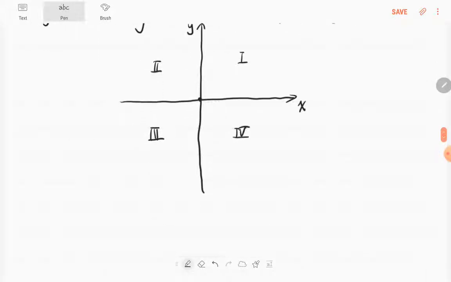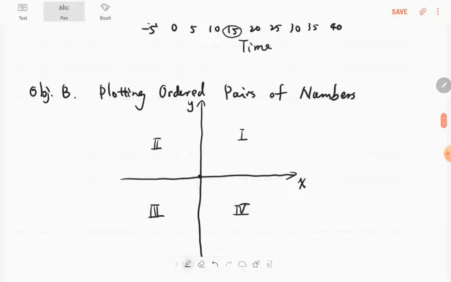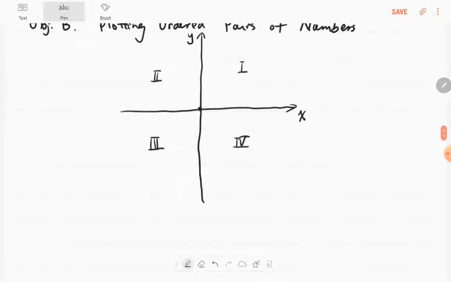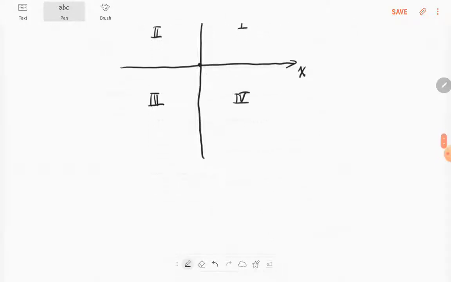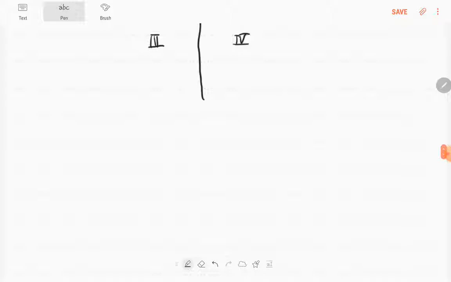So any paired numbers, any ordered pair of numbers can be expressed by a dot, by a point in this system, right? Let's check some examples.